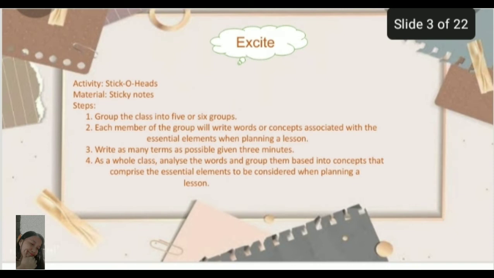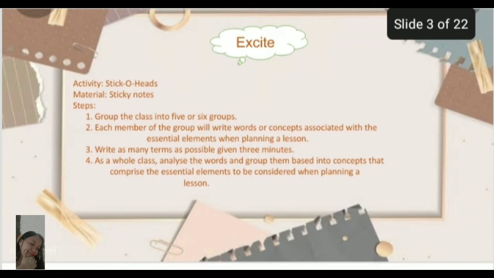So before we go to deepen our discussion, we must first have our warm up. Excite. Activity called Stick O Heads. Materials: sticky notes. So the steps.